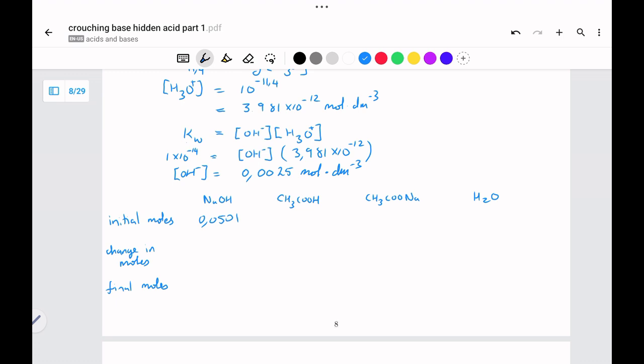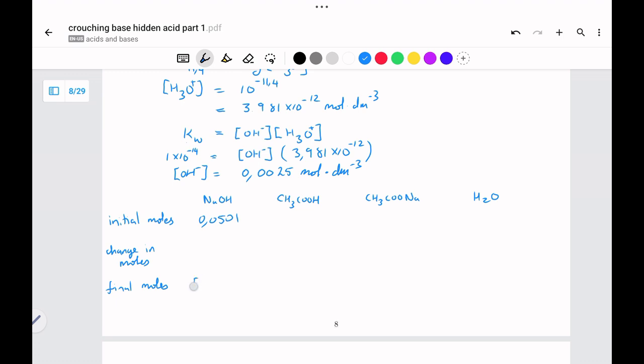Recall that in the prequel I said that you can take your OH minus ion concentration and you can go backwards to your base, whatever hydroxide you had, in this case sodium hydroxide.